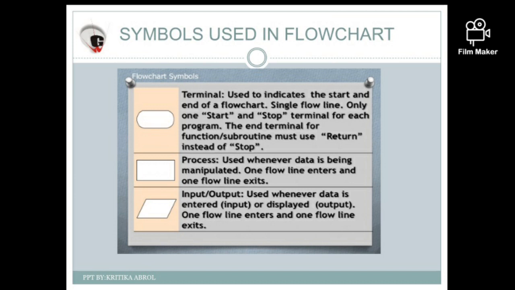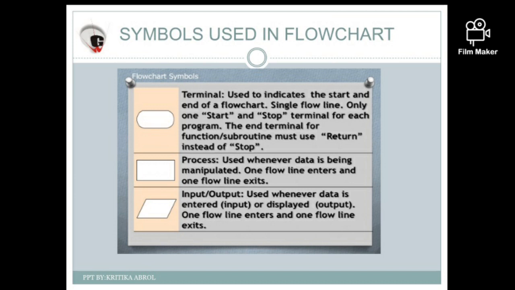The result can be generated inside the output box after the process has been done. So the input-output box is a parallelogram shaped box that is used to give inputs in the beginning before the process, and it is used to generate the results once the process has been done. So these are the three major symbols that are used to perform different tasks in a flowchart.